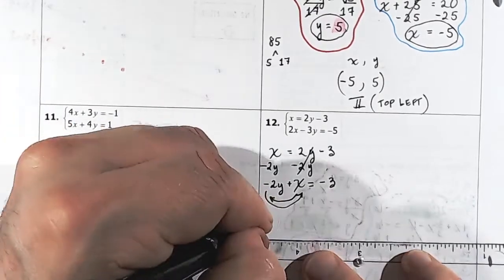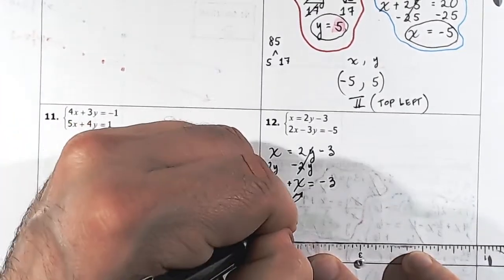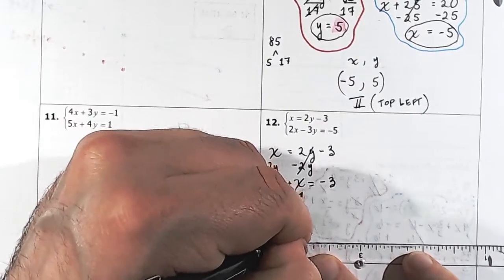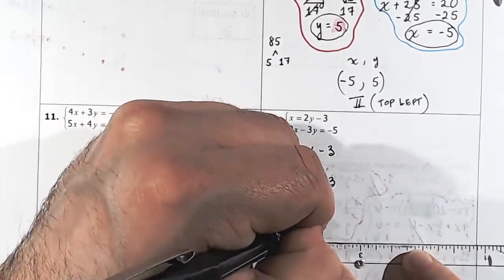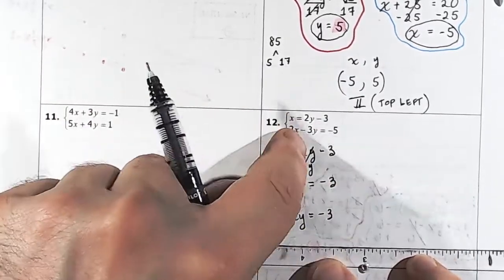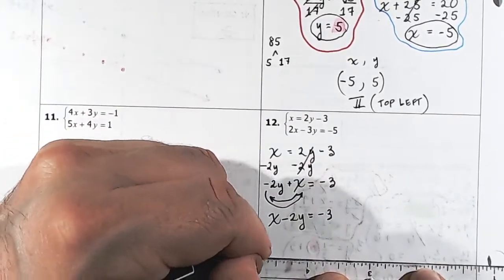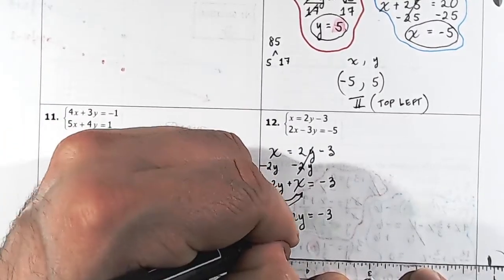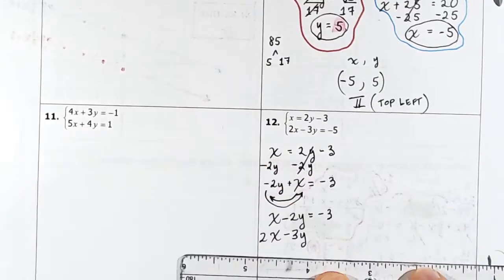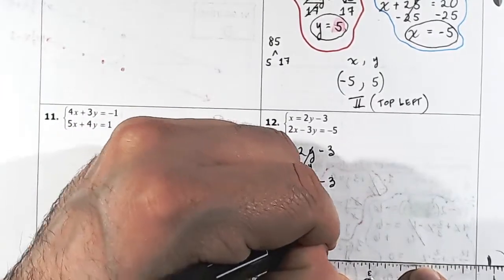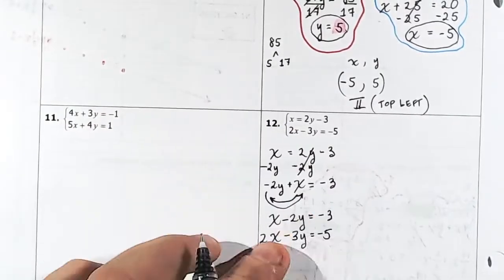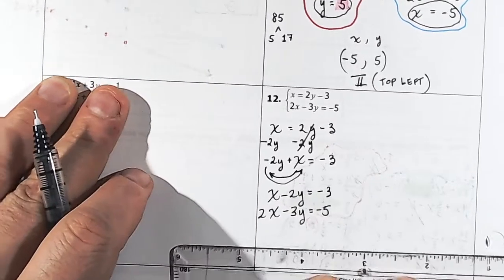It's okay. So here I have x minus 2y equals negative 3. And my second equation, 2x minus 3y equals negative 5. This is the equation that you would start to solve on.